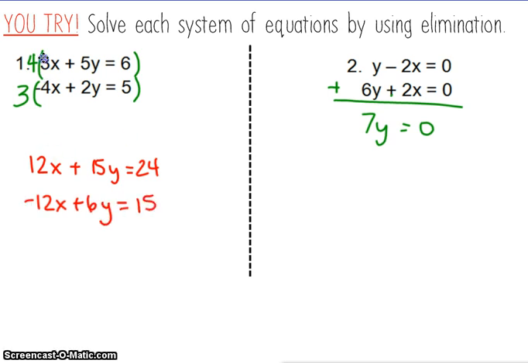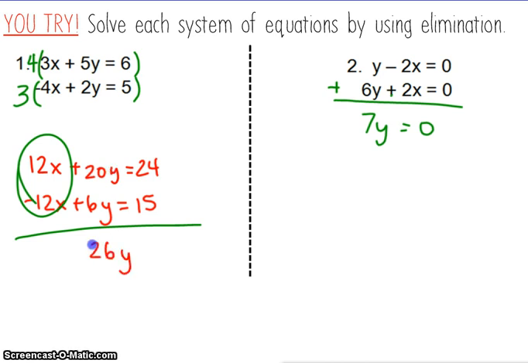Because I multiplied each equation, I now have two x's that will add to 0. 12x plus a negative 12x. Okay? Oops, and I messed up there. That wasn't 15, was it? It was 20. 4 times 5 is 20y. So I would end up with 26y equals 39, and then we could solve for y, plug it back in to get x.